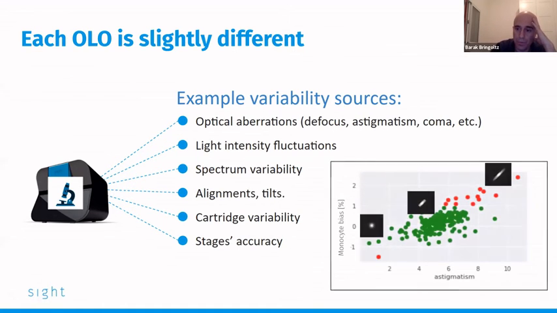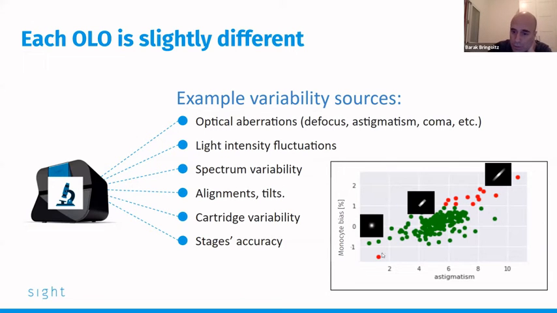As an example, what you see here is data from some analysis we did. On the y-axis, you see the bias or the inaccuracy specifically in monocytes, which I remind you are one of the 5 major white blood cells we have in our blood. And on the x-axis, you see one of the optical aberrations that people typically talk about when they characterize an optical microscope. Astigmatism is an optical aberration that causes a point light source to smear in the 45 degrees axis like this, typically caused by twists of various optical devices like mirrors in the microscope.